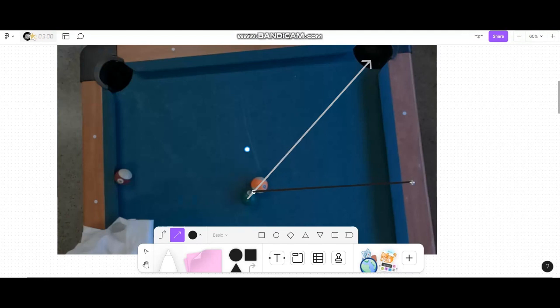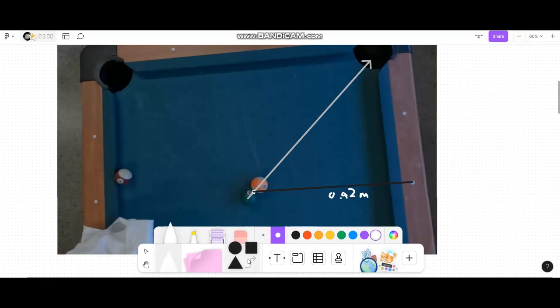The length of this table is 1.68 meters, so this is going to be 0.42 meters.